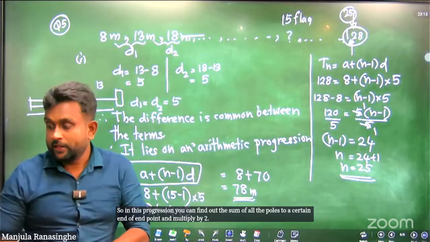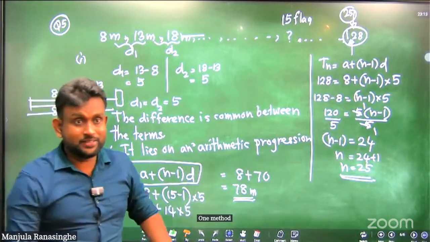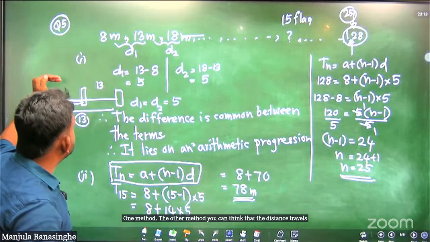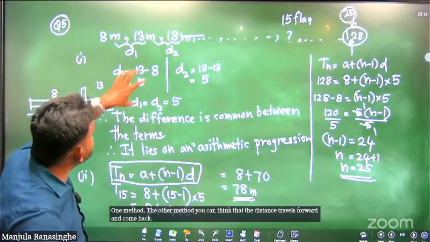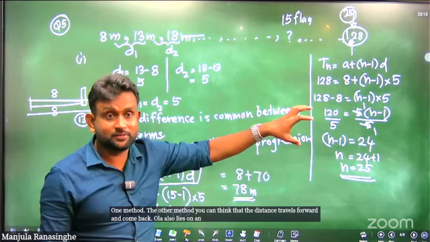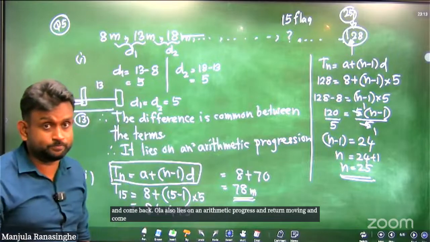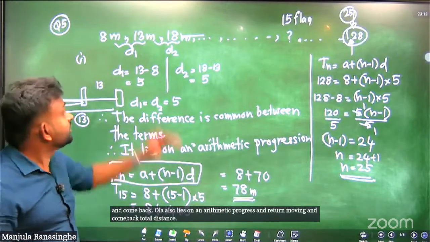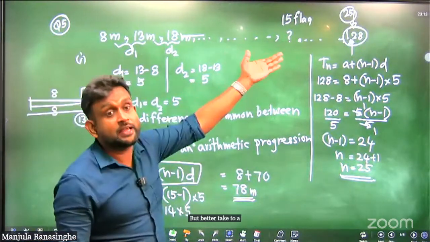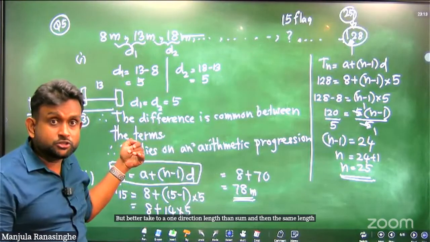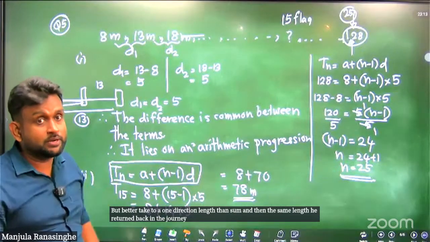That is one method. The other method is to think that the distance traveled forward and back also lies on an arithmetic progression. But it is better to take the one-direction length sum, and then the same length is returned in the journey, so multiply by 2.